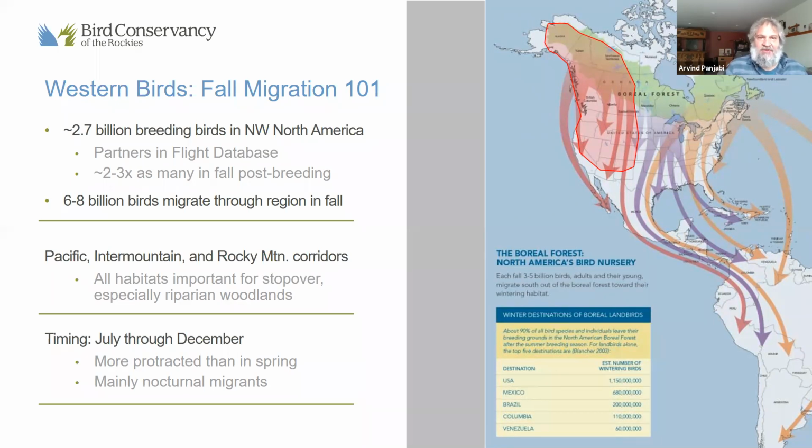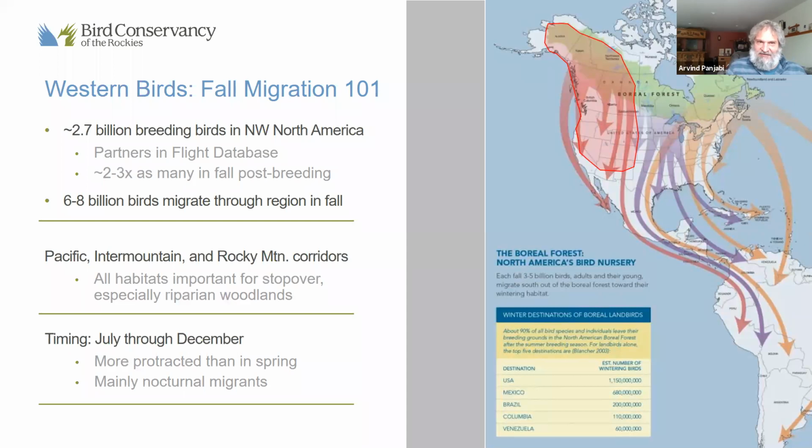It's very remote. But a sure thing is that in the fall, there's probably 2 to 3 times as many birds, at least, as there are during the breeding season because of the young produced that year. So in the fall, we may have somewhere upwards of 6 to 8 billion birds migrating through this region. That's a pretty significant number and important to keep in mind when we talk about the context of the numbers of birds found here.